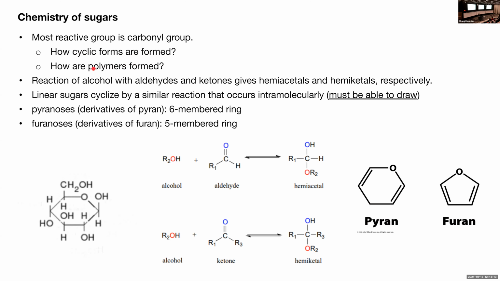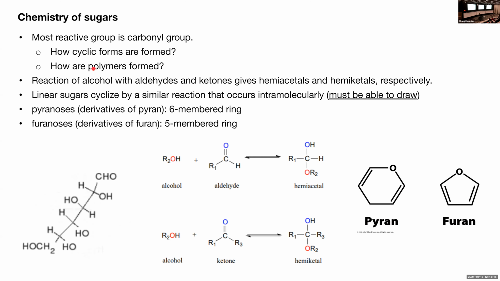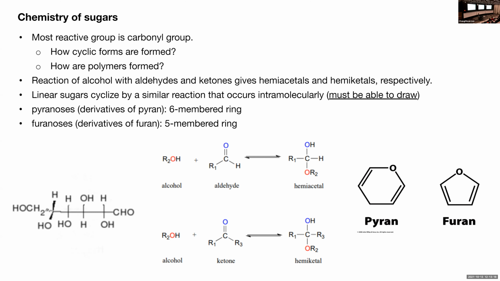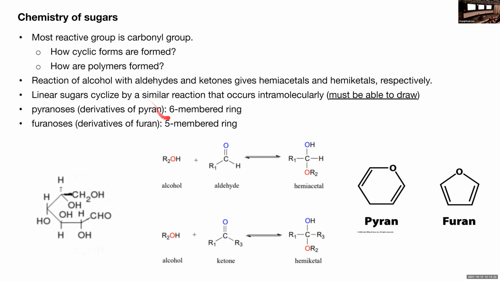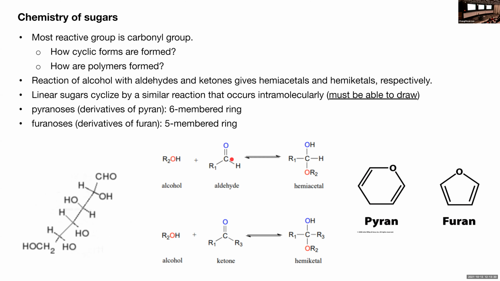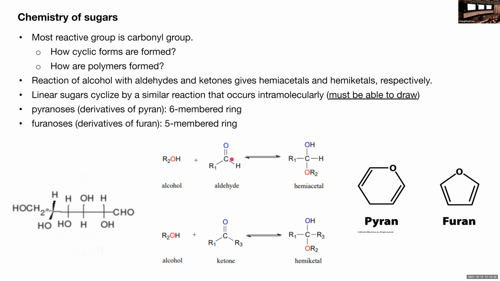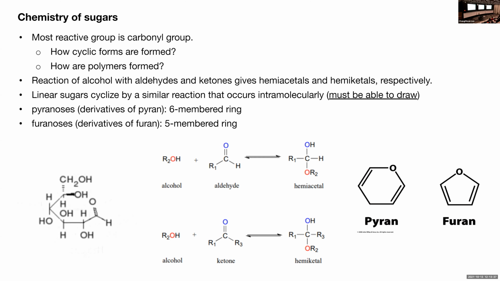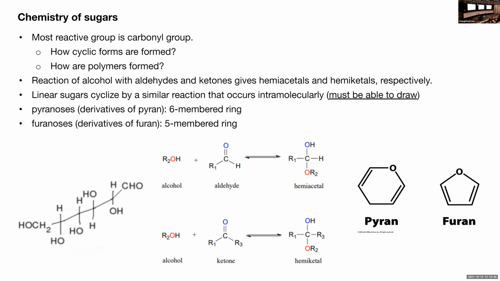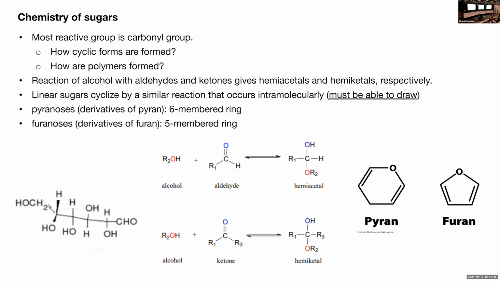The polymers, cyclic forms, and other modifications happen on this carbonyl group because it's the most reactive. It is reactive because of the oxygen double bonded to the carbon, which has lots of electrons. So it can attack less electronegative atoms like carbons of other molecules, and make a bond or get rid of hydrogen.